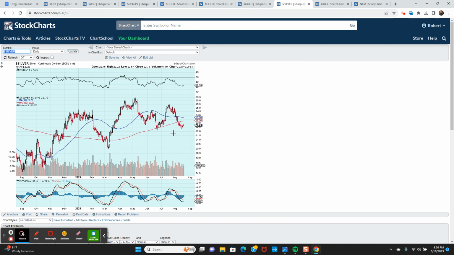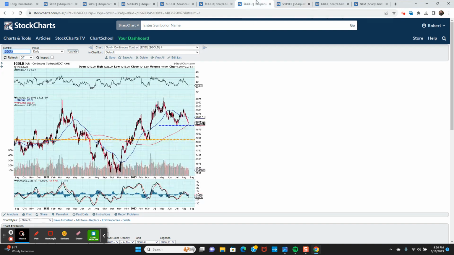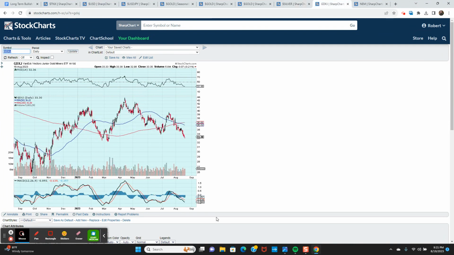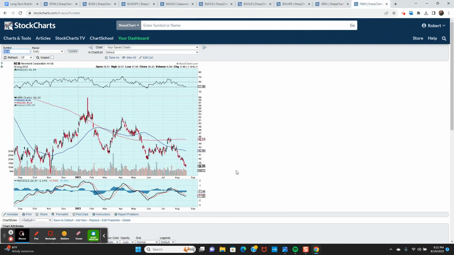It's interesting to note that silver is holding support around 22.50 so far. So this is a little bit of a green shoot, call it a divergence, whatever you want to call it, but it's something that is offering a glimmer of hope here in precious metals land. Obviously, the gold miners don't offer much hope.